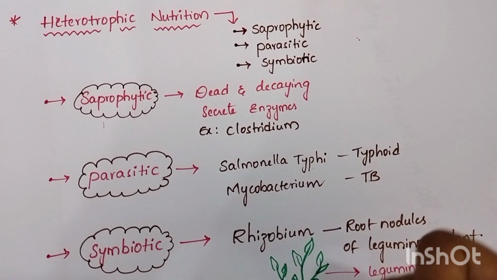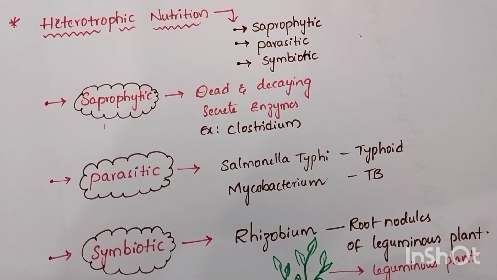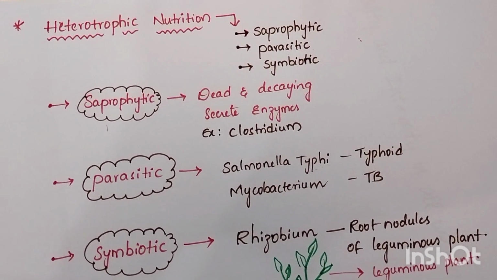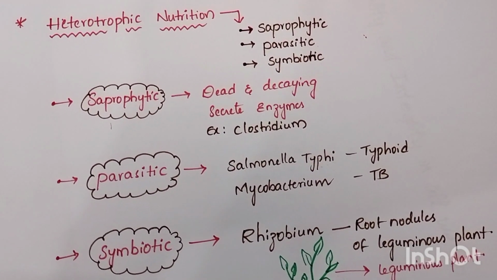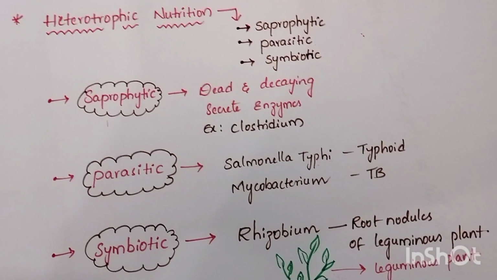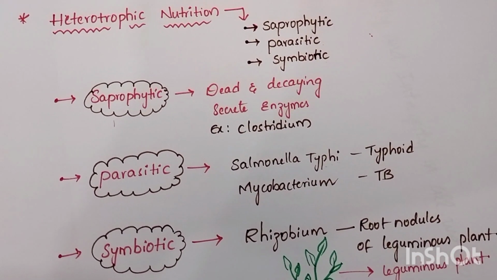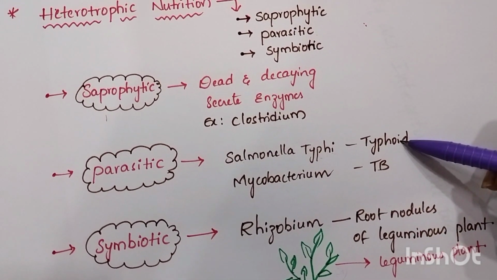This bacteria enters into our body, and it gets the food and nourishment from our body, and in turn causes typhoid to us. So this is an endoparasite which lives in our body and in turn causes a fever called typhoid fever. This is one type of parasite.